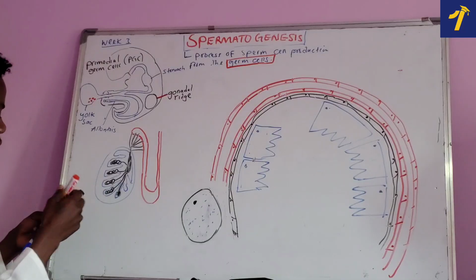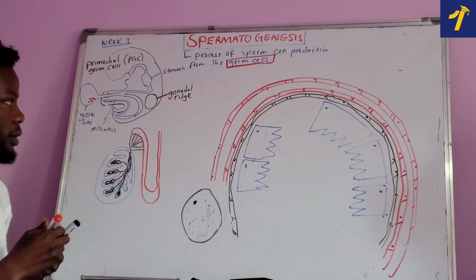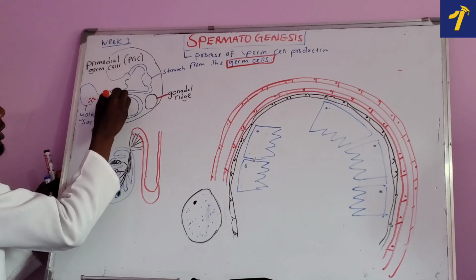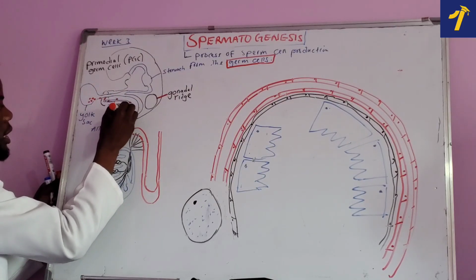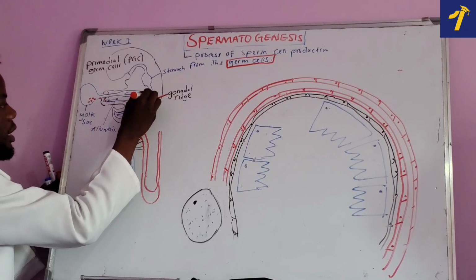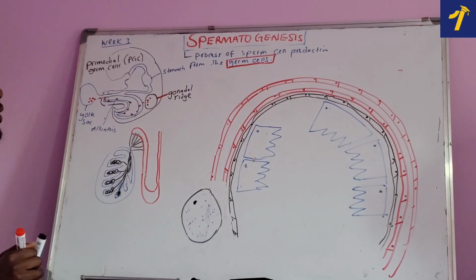Now they'll follow a certain structure that I'm going to name. So they'll start moving like this, like that, until they migrate into this gonadal ridge.